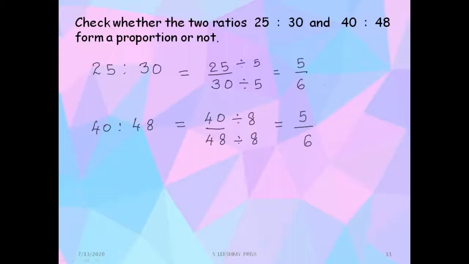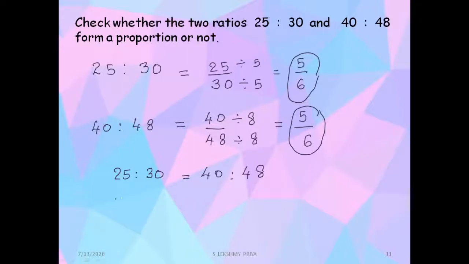You can see that when we simplified the fractions to the simplest form, we got the two ratios as 5/6 and 5/6, which means that the two ratios 25:30 is equal to 40:48.